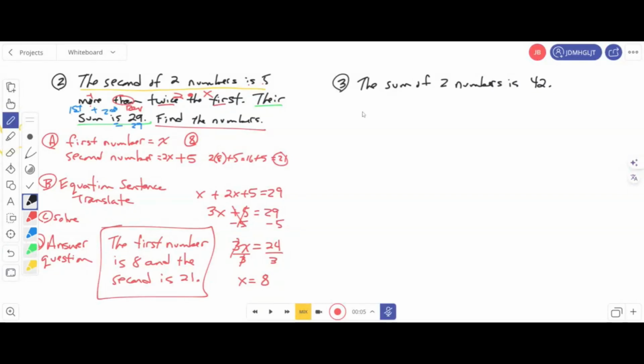The first is 6 less than 3 times the second. Find the numbers.